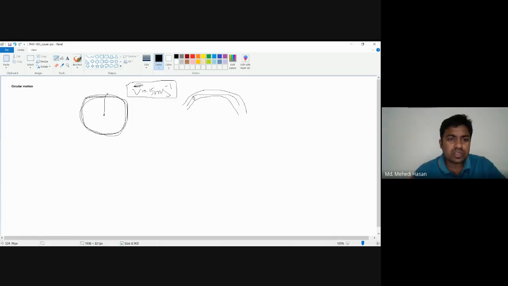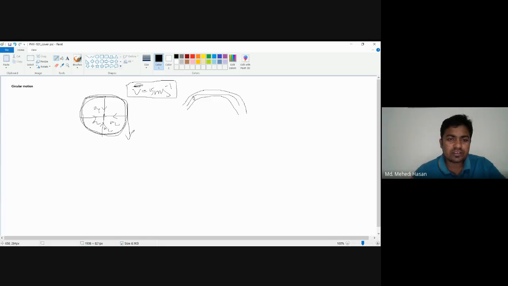But due to the change in direction, there will be an acceleration which is called centripetal acceleration, and this centripetal acceleration is always towards the center. This is called centripetal acceleration ac, and here is also ac.